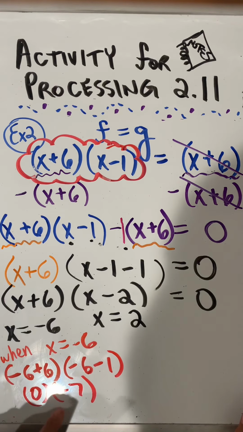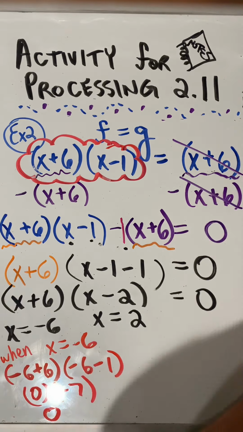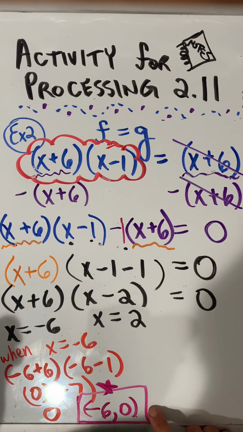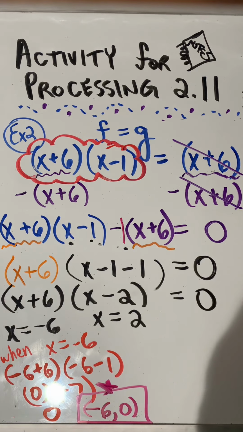So our output here is going to be 0. So we can say that our first coordinate pair is going to be at -6, 0. I'm going to put a square around it. There you go, little star. There's my first location.